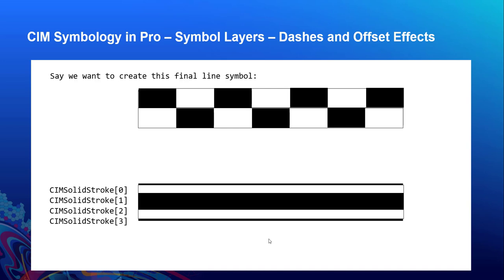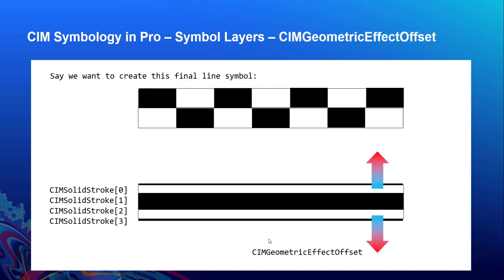Okay, so in no particular order then, we need to apply, looks like an offset to reposition the black lines and add a dash effect to get our checkerboard. So we'll do the offset first. We'll use a CIM geometric effect offset.